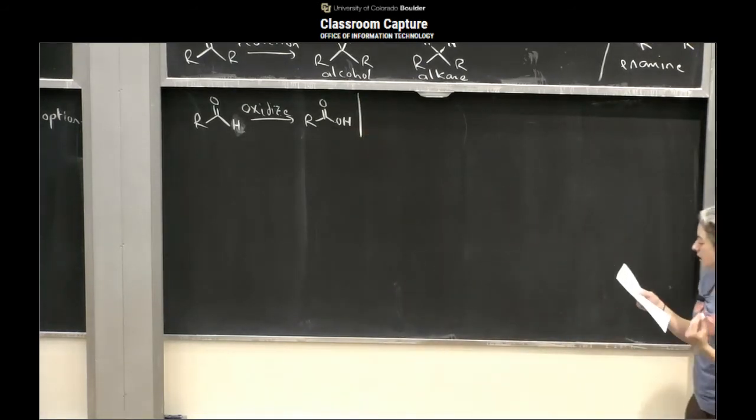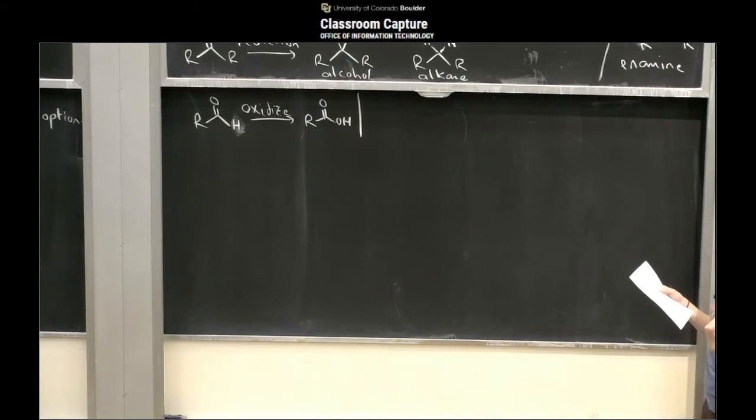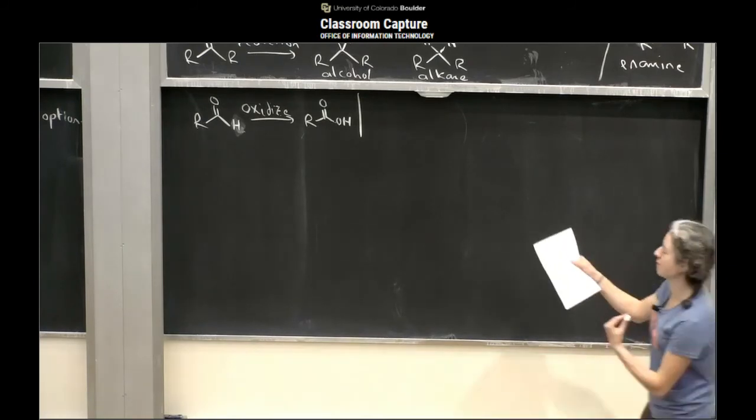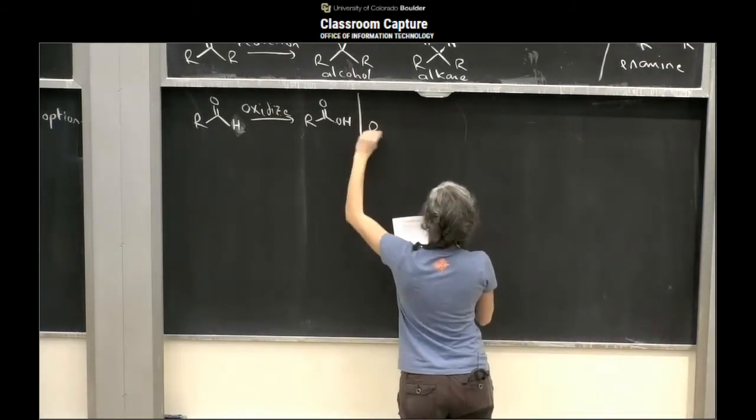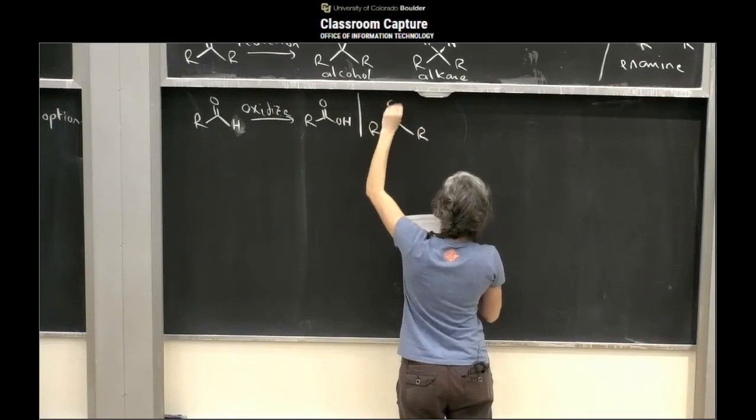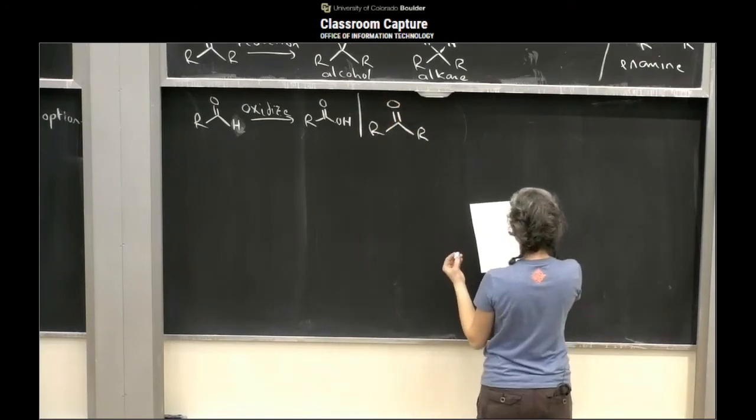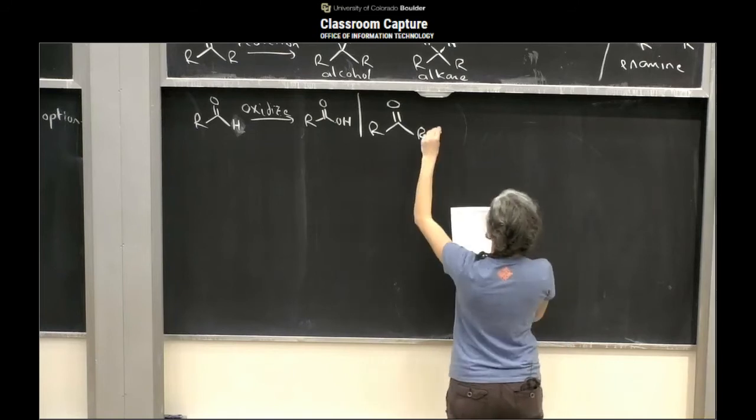Okay, so that's that one. And then the last category that we're going to look at is actually, I know I harp on this, but the most useful category is carbon-carbon bond forming.